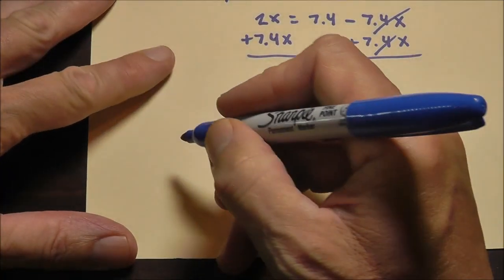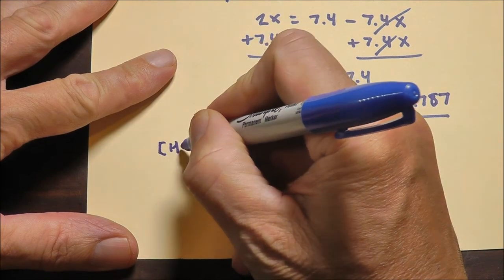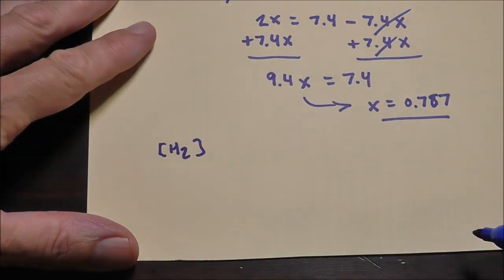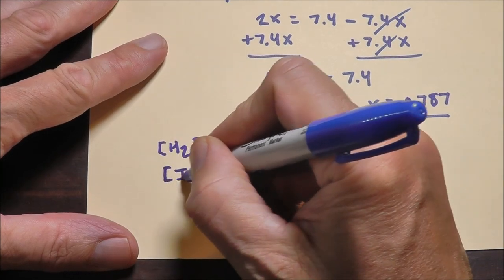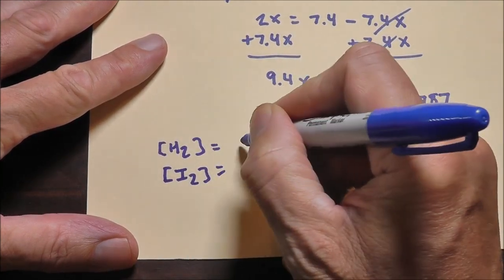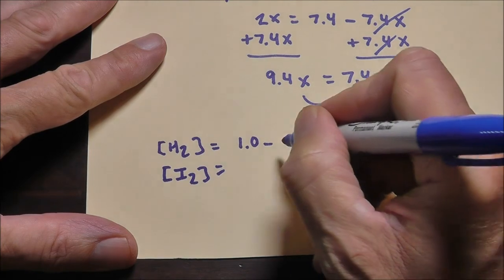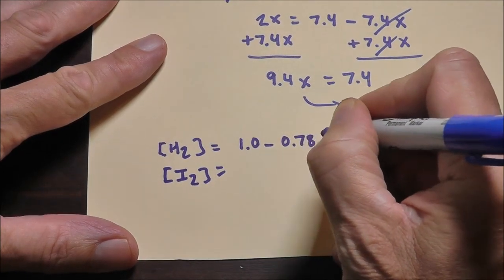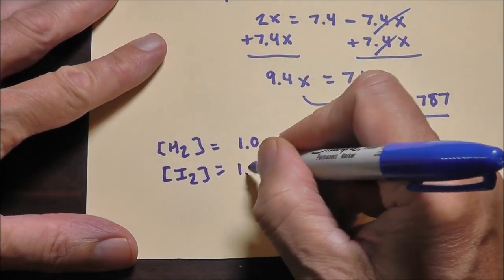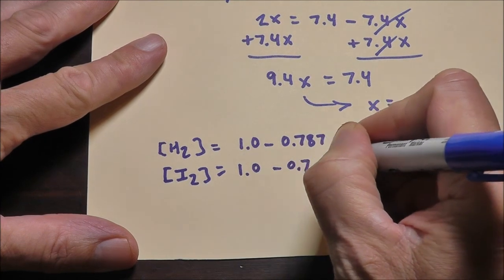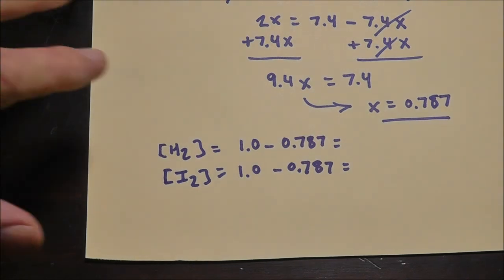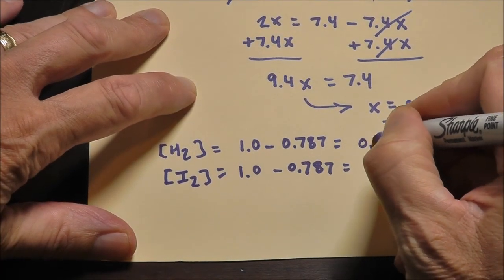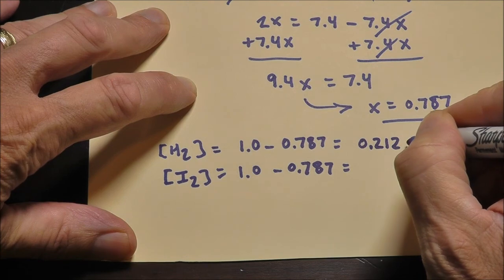Let's keep in mind that H2, that's what it's asking for, is the concentration at equilibrium. And I2 equals 1.0 minus 0.787. Let's find out what that is: 0.212. There's 2/3 of my problem.